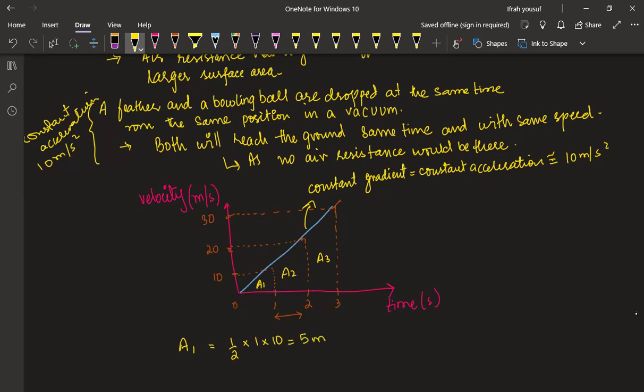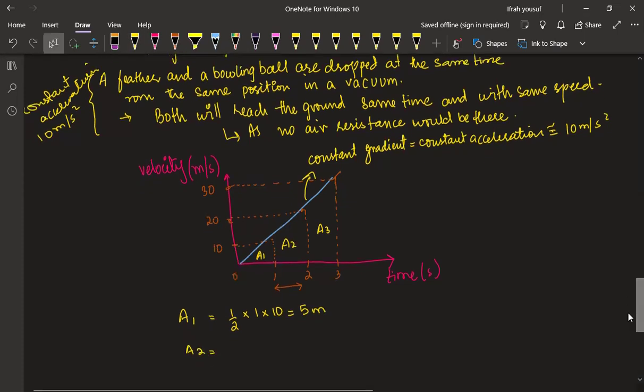Similarly, how are you going to find out area 2? We are going to split this. Can we split? Yeah, we can split this in two regions, a triangle and a rectangle.